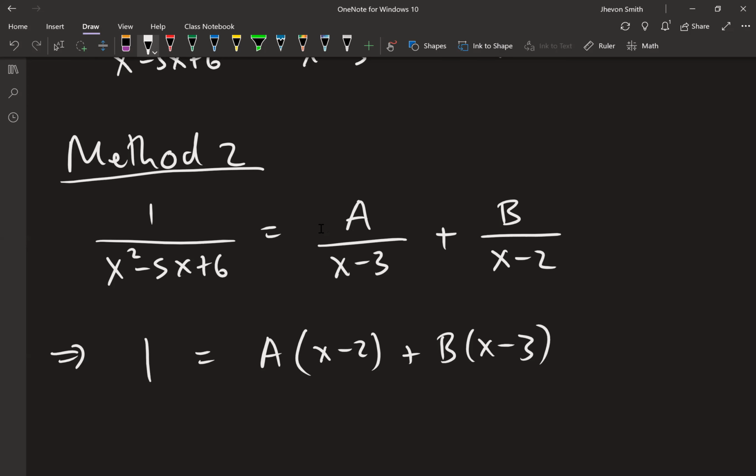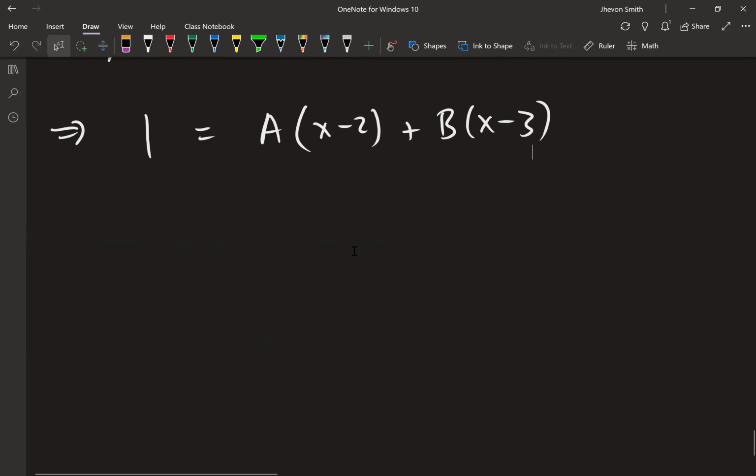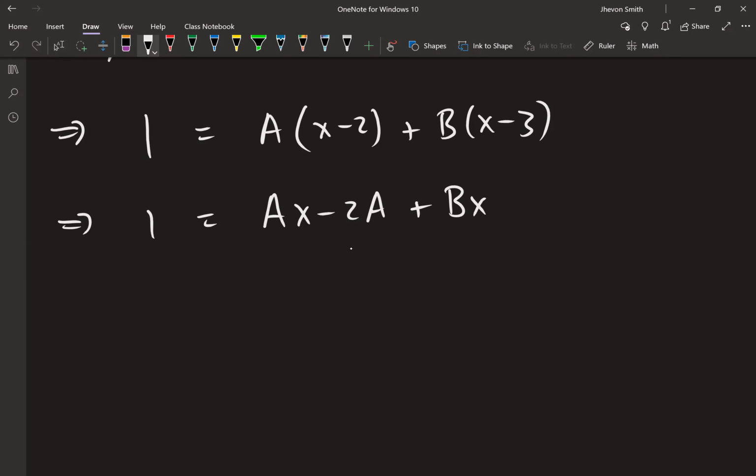But now, instead of plugging in convenient values for x, here's something you can do. You can actually multiply out, and then you can combine like terms.